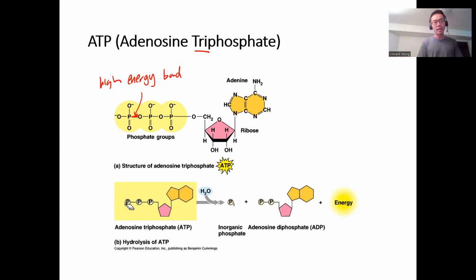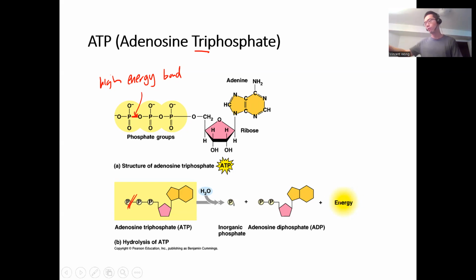Once you remove the last phosphate, the molecule becomes adenosine diphosphate. Right? Only 2 phosphates left, right? So you see here, 3 phosphates, you chop off the last one, you have a free phosphate on its own, and then you have the ADP, and then you release the energy.